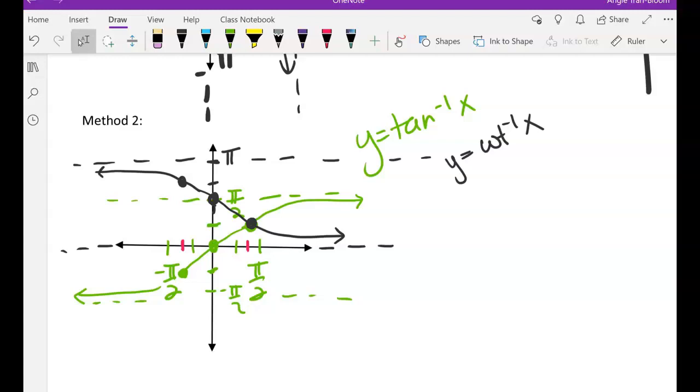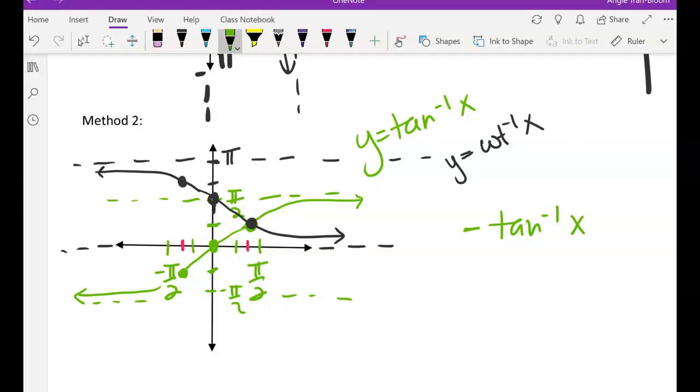Okay. So I'm going to write that down first. I'm going to take the tangent inverse, which is the green. And Ray said reflect it. Where would I put this negative? In front of the tangent. Right. Let's stick it in there. Okay. We flipped it.